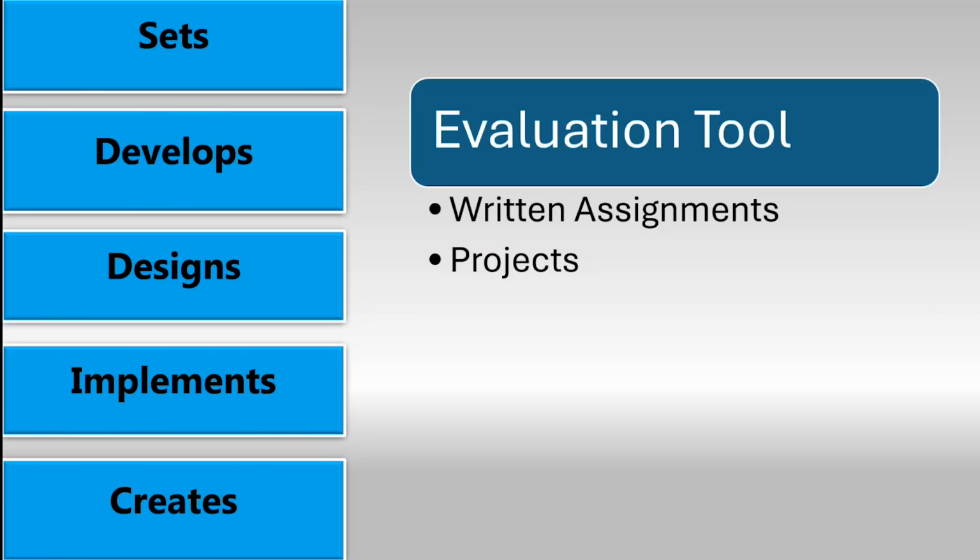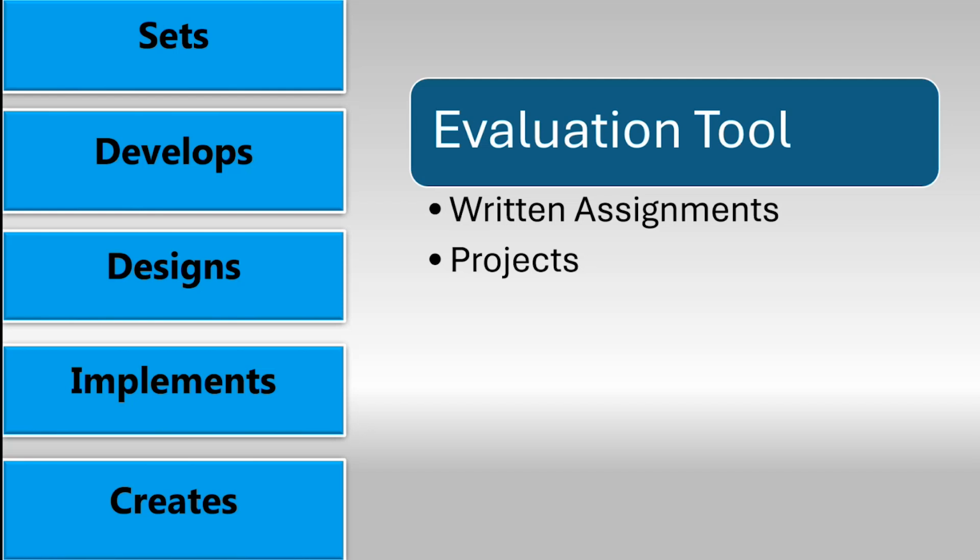So our next set of verbs are blue verbs: sets, develops, designs, implements, and creates. I'm going to have written assignments here. These are the plans that my students are writing, and I need to get them to use their writing skills to write out plans. And I love projects. Sometimes we just don't give a lot of thought to having a project in physical education.